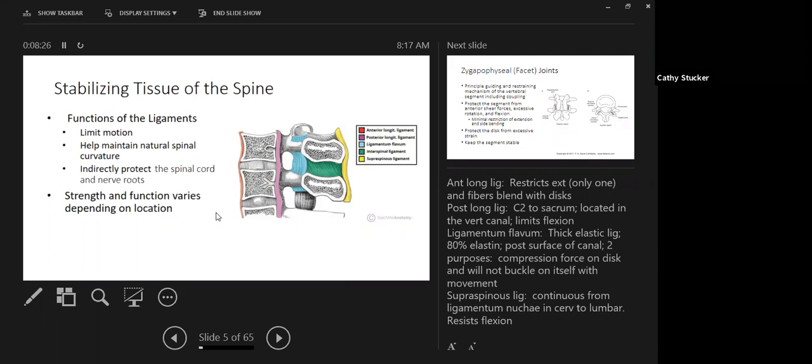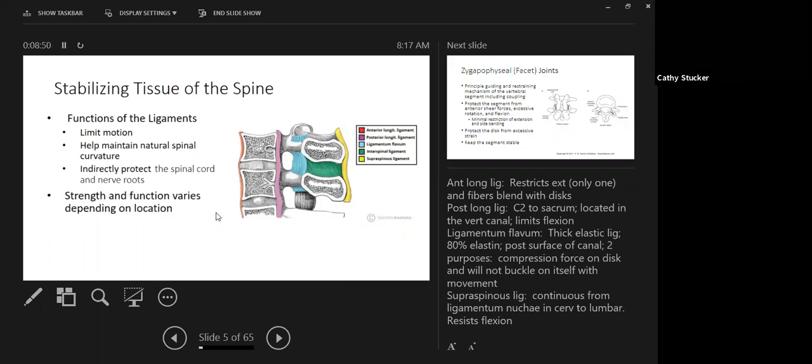Why is that important? Why does that matter? Form follows function, right? Why does it matter that that particular one returns to its prior state easily? Right, it is bumping right up against your spinal cord. They are like buddies.